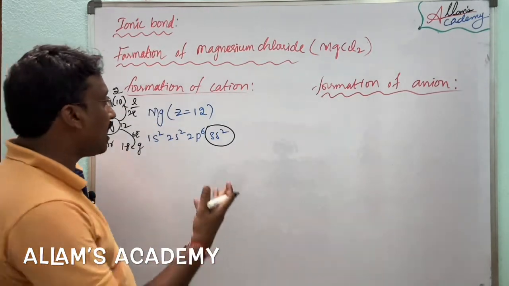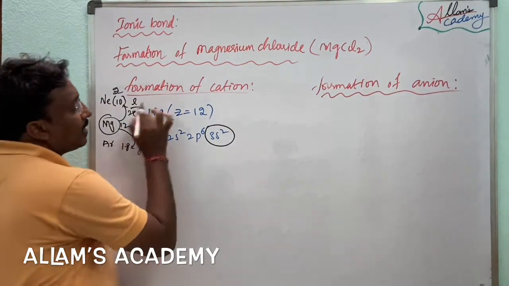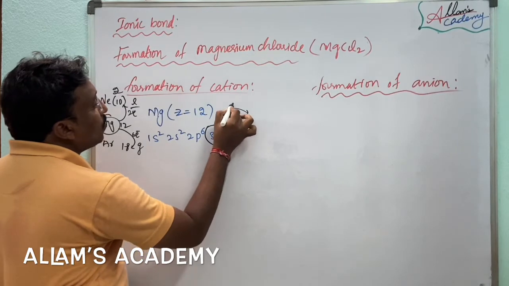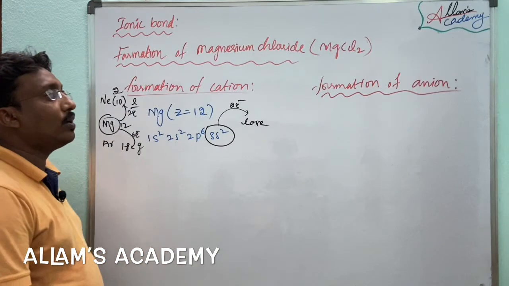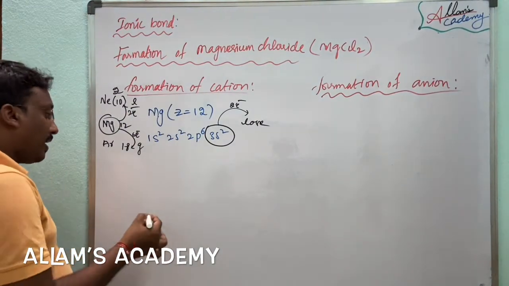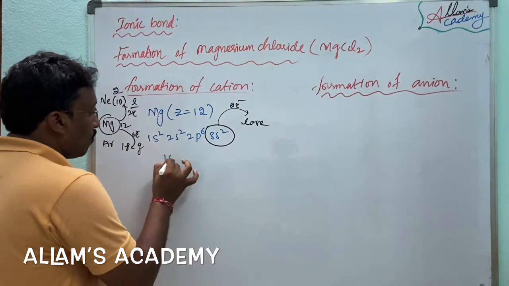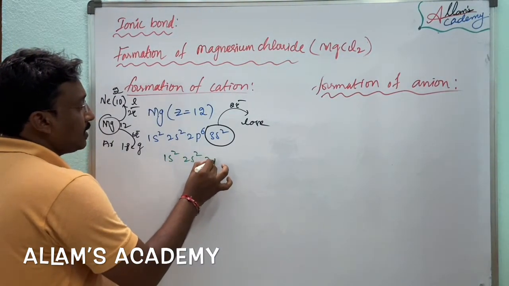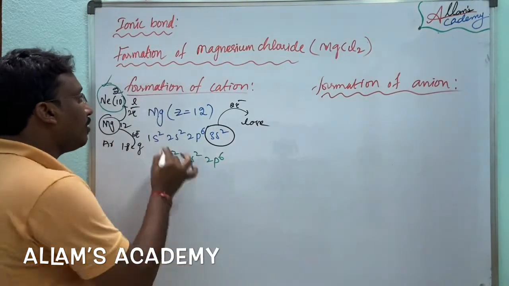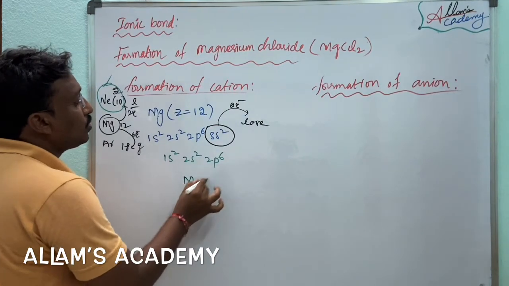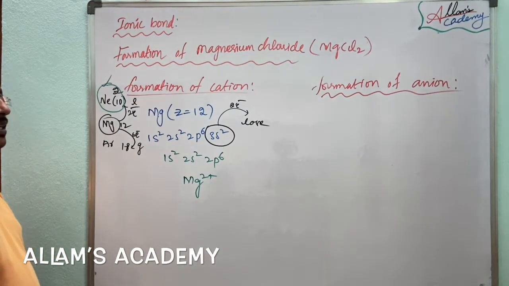Who will give the 6 electrons to magnesium? No one. So magnesium loses the 2 electrons and gets the electronic configuration 1s2, 2s2, 2p6, the nearest noble gas, neon. That means it becomes Mg 2 plus.